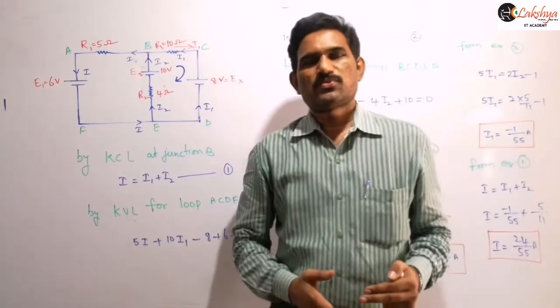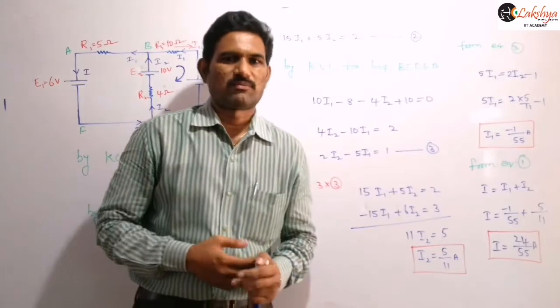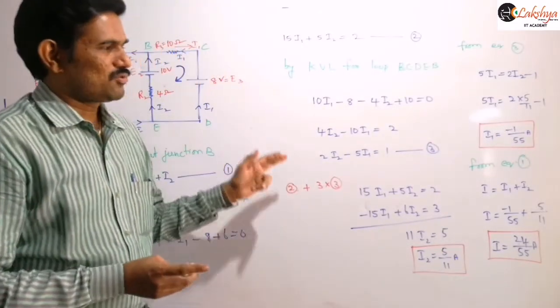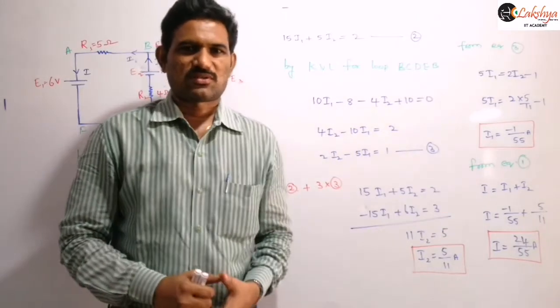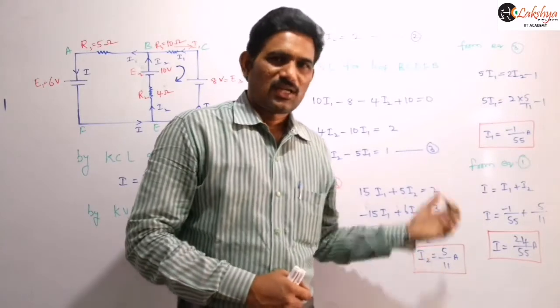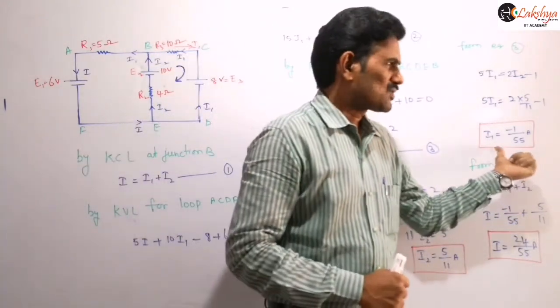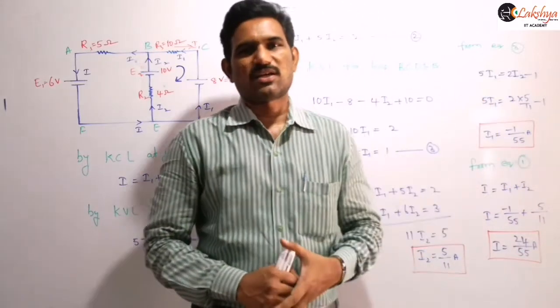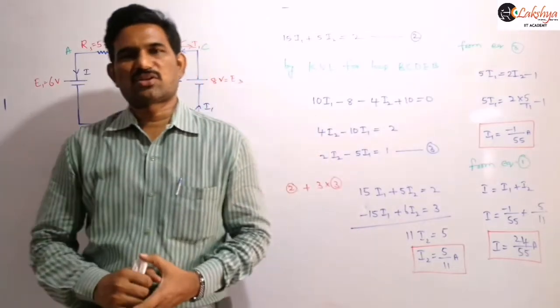For how many loops we need to apply depends on how many variables are there in the problem, right? So by applying the Kirchhoff law for the required number of loops, you just need to solve those equations. And this is the final conclusion: if you are getting a positive sign, then our assumed direction of current is correct. If you are getting a negative sign like this, we just need to reverse the direction of the current, right? So that is just an application of the Kirchhoff law.